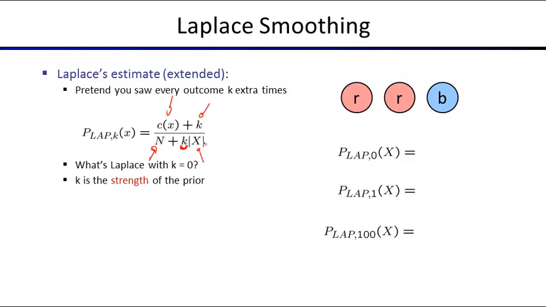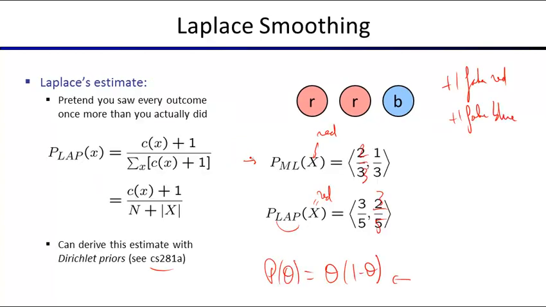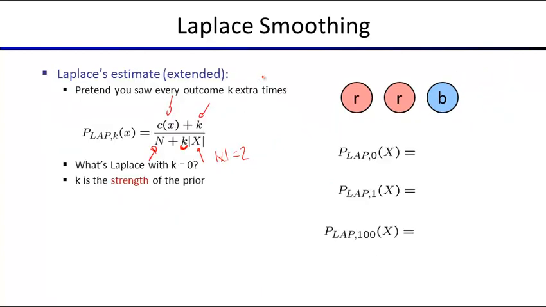So what you have here is 2 possible outcomes, so size of x would be 2, and k is a parameter that we get to choose. On the previous slide, at k equal 1, we add a fake count of 1 for everything. There's no reason to pick 1. You could pick 0. If you pick 0, you're back to maximum likelihood, back to equal red 2/3.